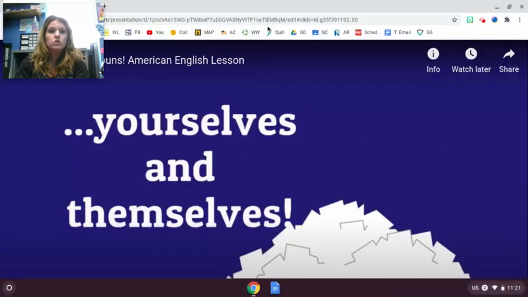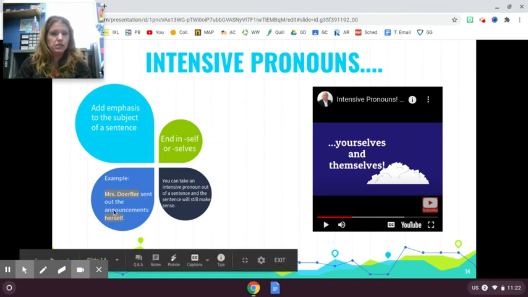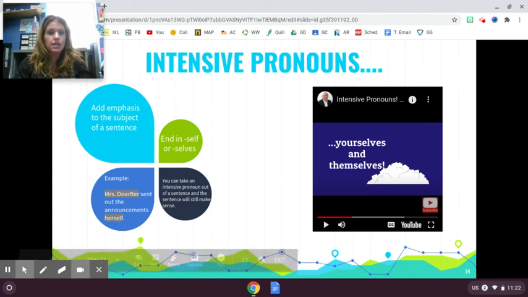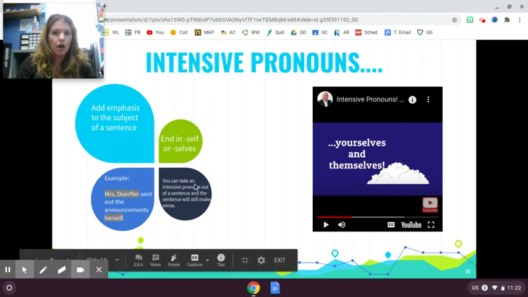Okay, so intensive pronouns come after the noun or even another pronoun, and they just serve to kind of emphasize that, to make more of a point on it. So they add emphasis to the subject of a sentence. They end in self or selves. And then here's just an example. Mrs. Dorfler sent out the announcements herself. It just adds emphasis to that fact that Mrs. Dorfler is the one sending out the announcements.